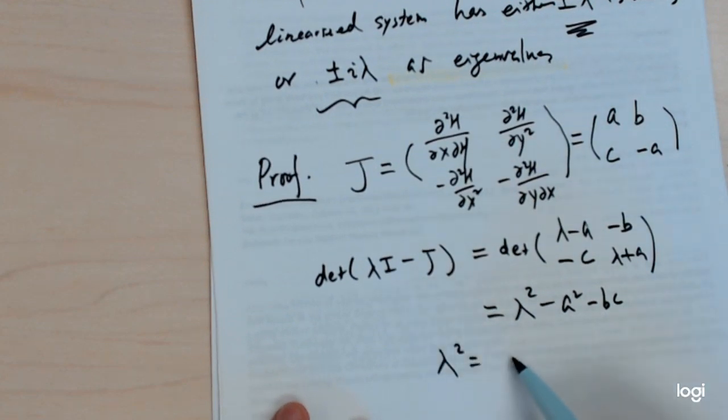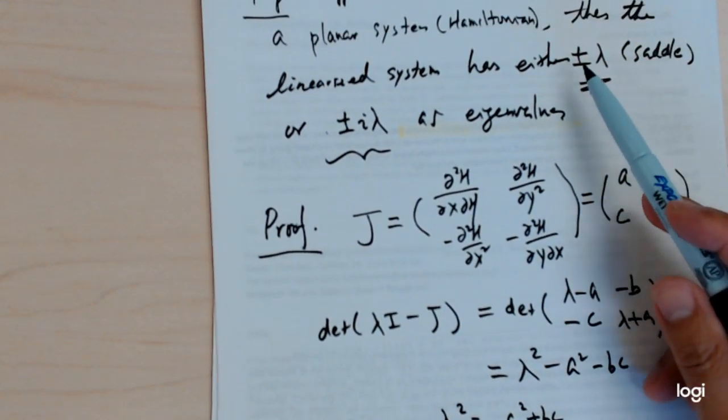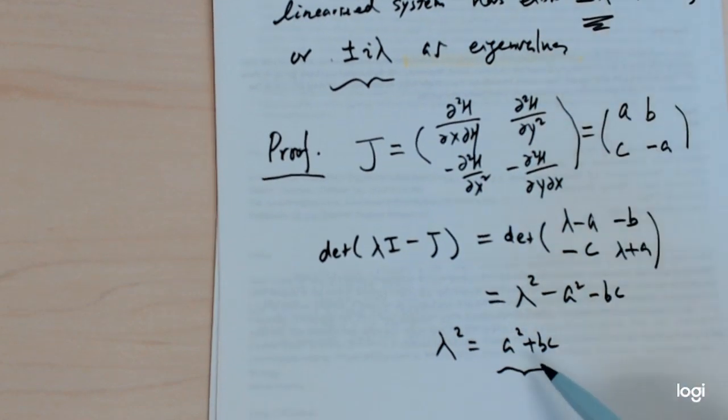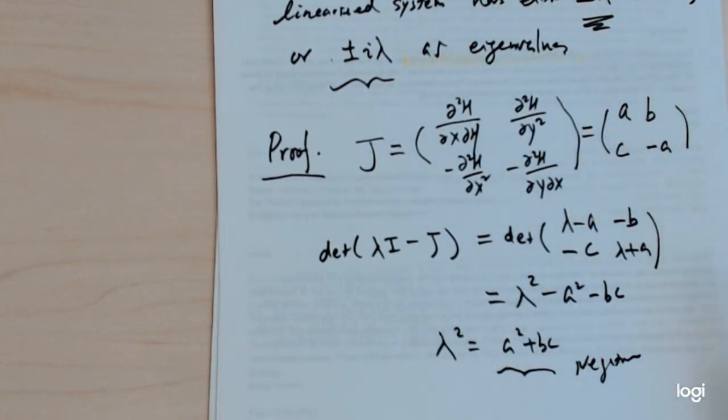So lambda squared will be a squared plus bc. If this one is positive, we are talking about positive or negative lambda, so real eigenvalues. If the right side is negative, you are talking about a pure imaginary number as the eigenvalue.